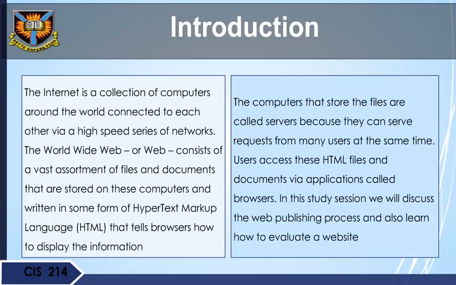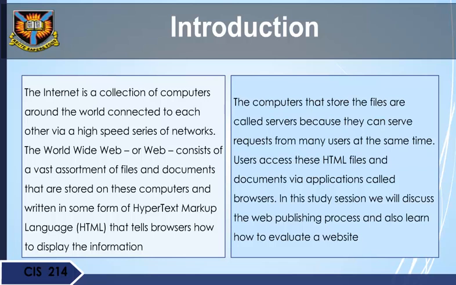Introduction. The Internet is a collection of computers around the world connected to each other via a high-speed series of networks. The World Wide Web, or web, consists of a vast assortment of files and documents that are stored on these computers and written in some form of hypertext markup language (HTML) that tells browsers how to display the information.